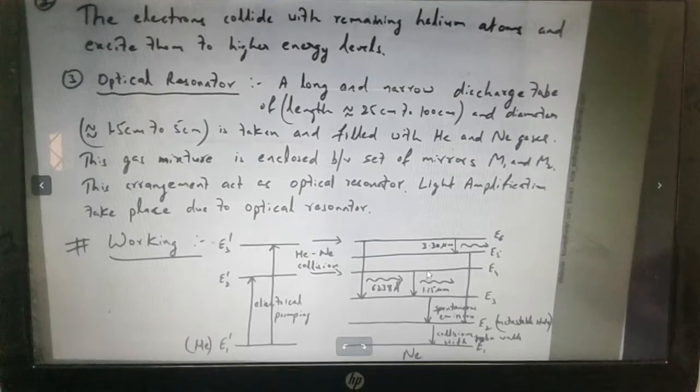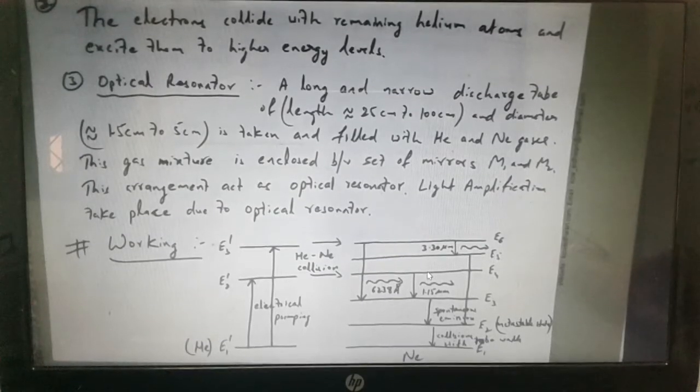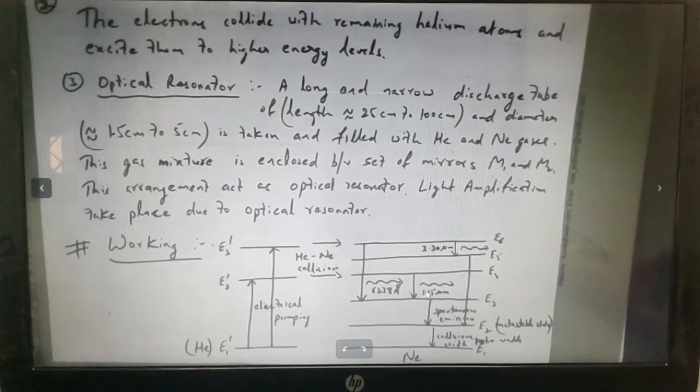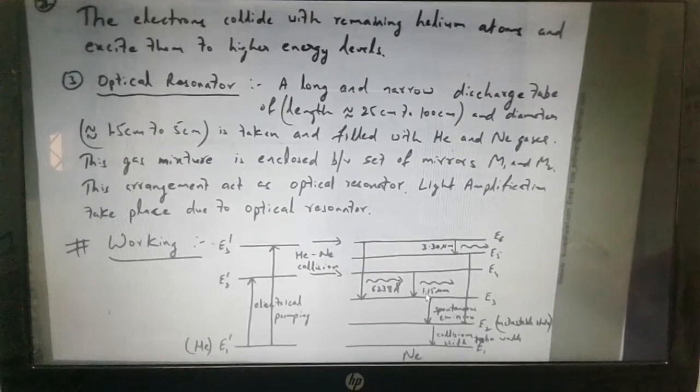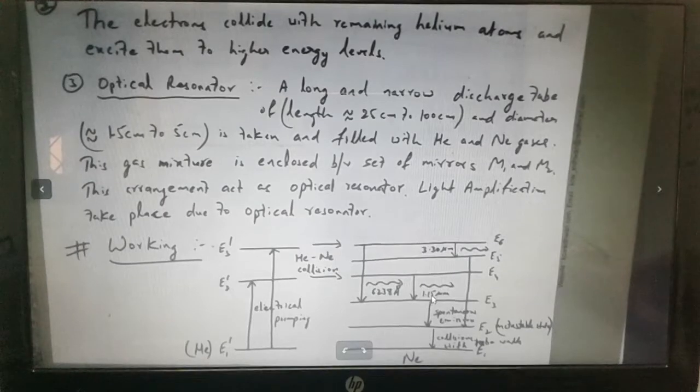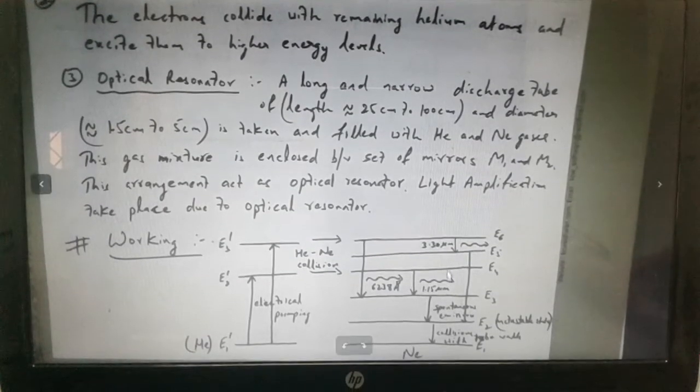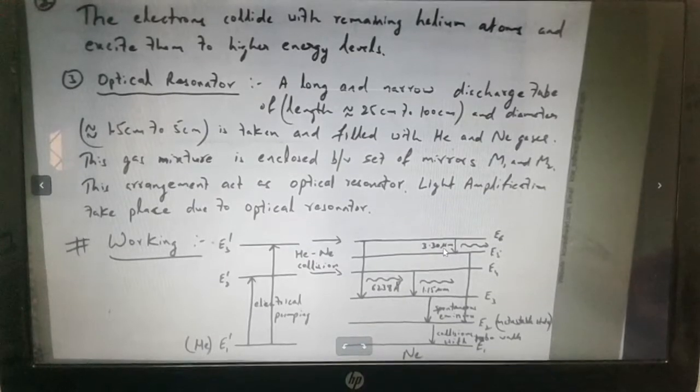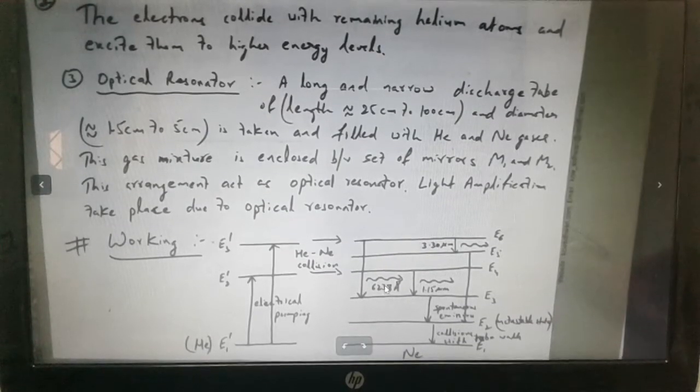And the neon atoms present at the E4 level also make a transition, and population inversion is achieved between E4 and E3, and we get another wavelength of laser light, 1.15 micrometer. So in the helium neon laser we get three different wavelengths of laser light.